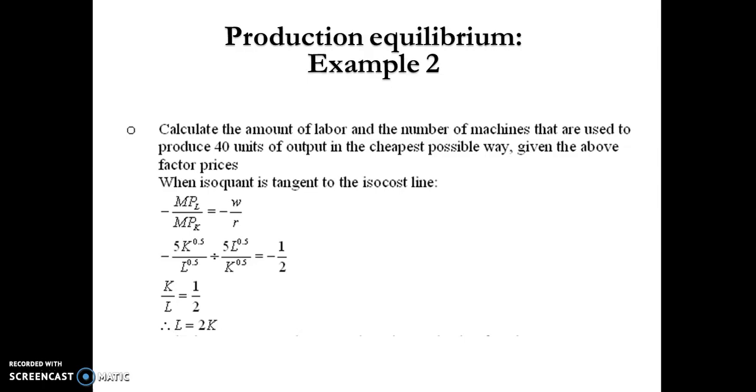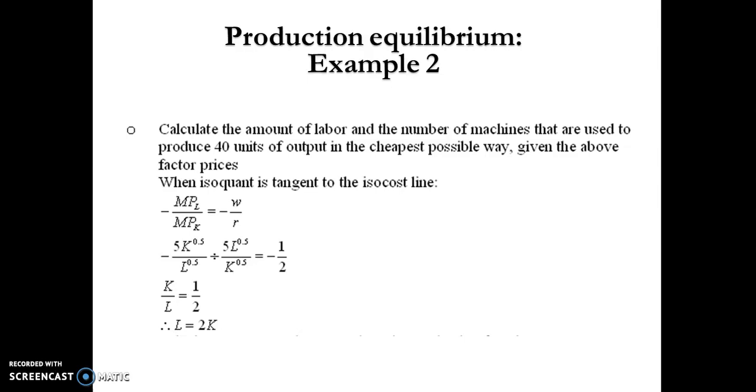So to determine your production equilibrium, or to determine the cost minimizing way of producing that 400 units of output, we need to determine that point of tangency where your isoquant touches your isocost line, and at that point, if you think about it graphically, the slopes of those two curves are going to be equal.